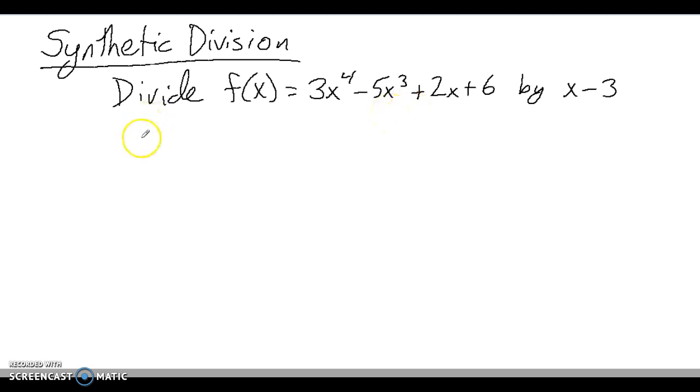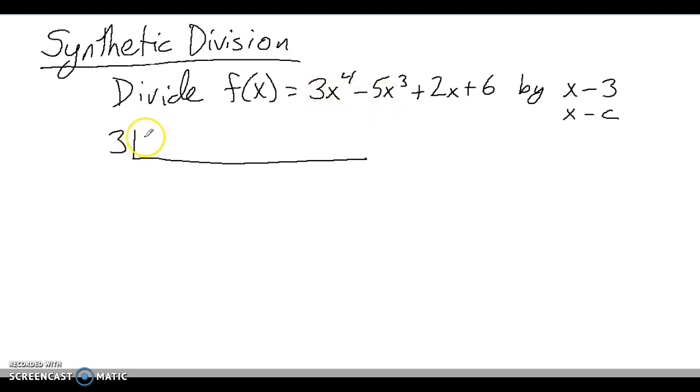So we set up our synthetic division by taking c. This is x minus c, so for us c is 3. We take that, we draw our little symbol and put the coefficients here.